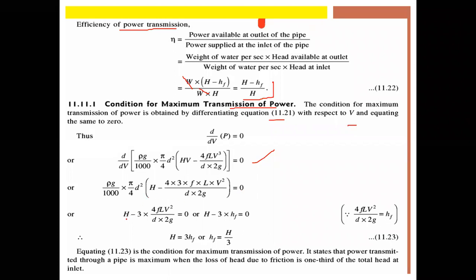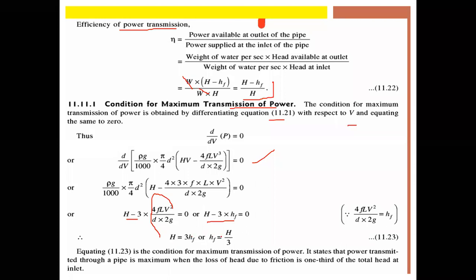Therefore, H minus 3 into 4FL V square by D into 2G is equal to 0. H is equal to 3 into HF. Taking HF together, H minus 3 HF is equal to 0. Therefore, H is equal to 3HF.